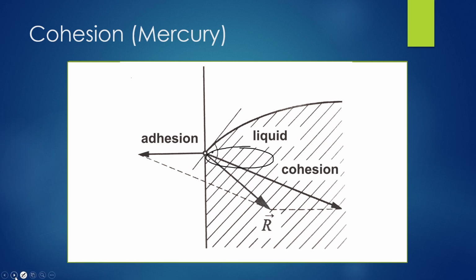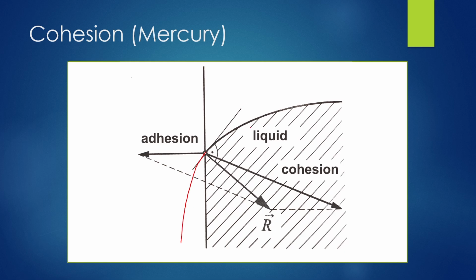Again, a similar situation like we had in the adhesion situation. Only this time the tangent line looks a little bit different. So the tangent line follows this curve, right? So the tangent line of this curve is something like this.